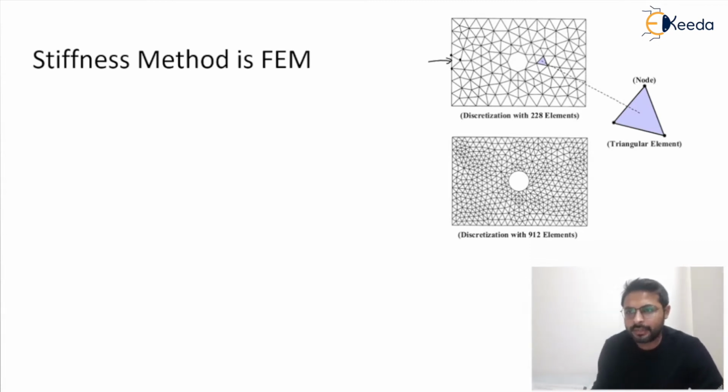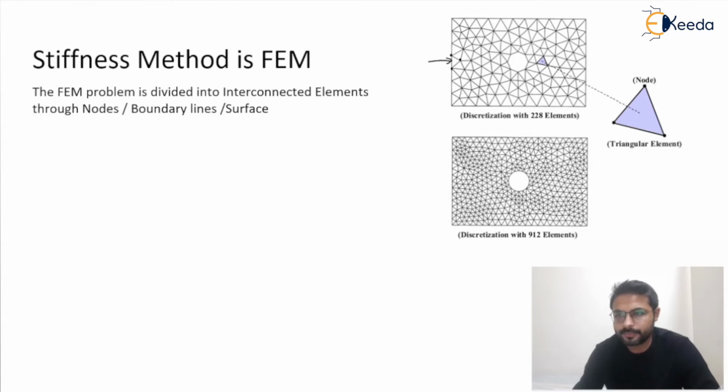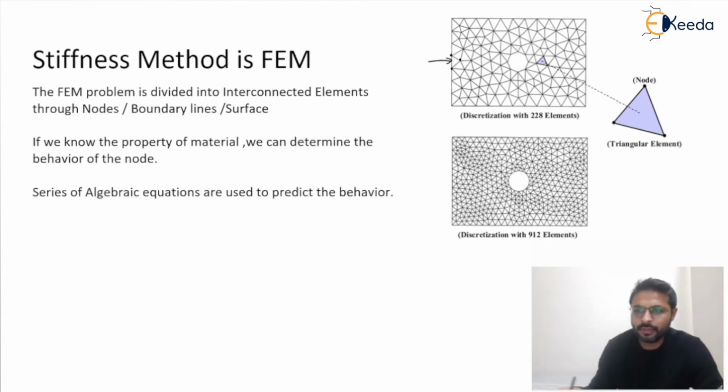For that, if we want to find out the deflection, we need some equations. For each single element, there is a single equation, and for the combination of the whole system, we will have to solve a set of equations.